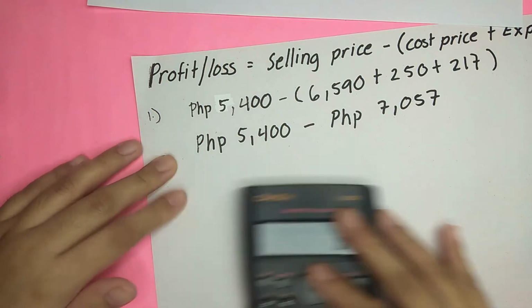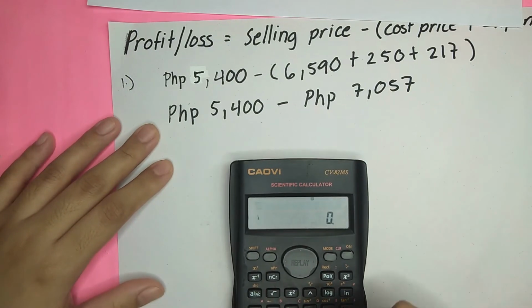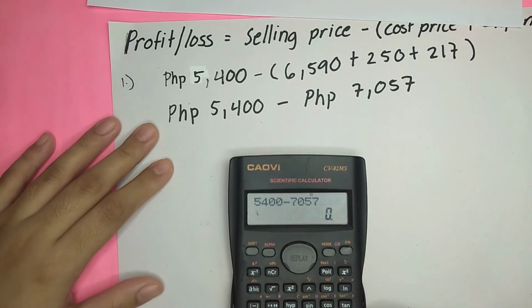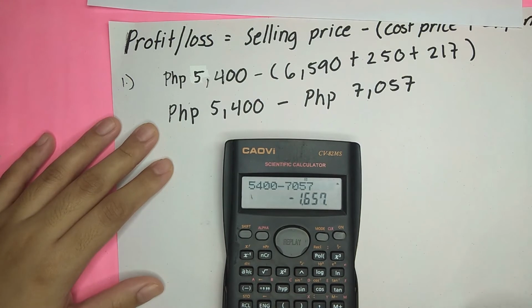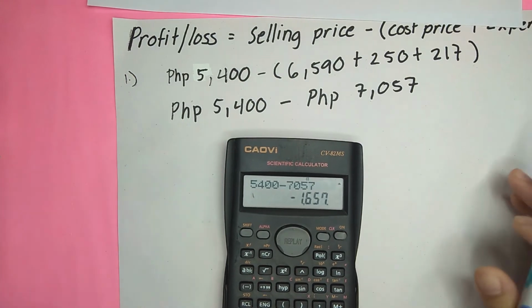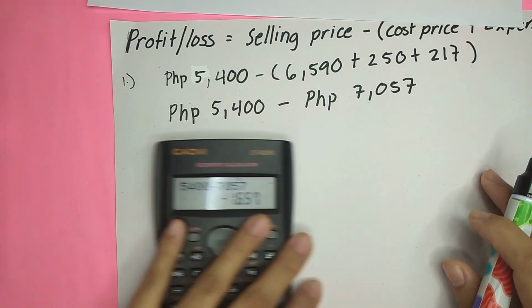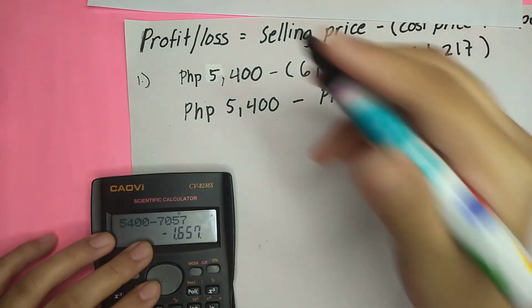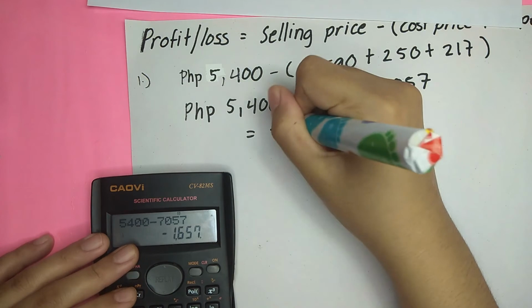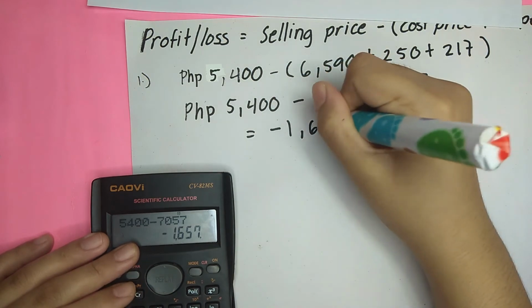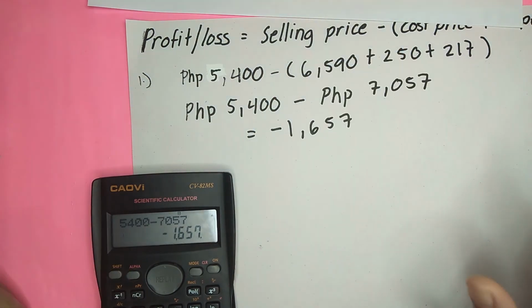Okay. So, compute natin. 5,400 minus 7,057. Negative 1,657. Okay, dahil negative yung nakuha natin, negative siya, loss yung label para dyan.